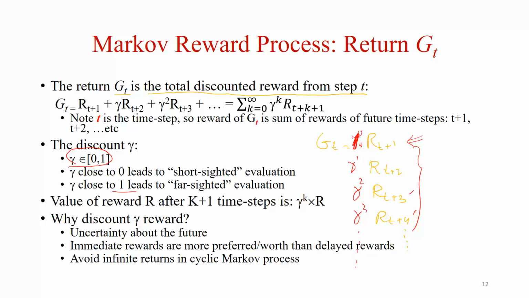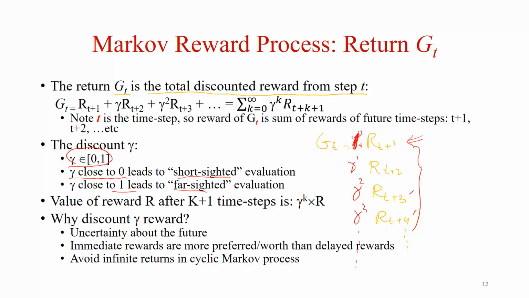So if the discount factor is close to 0, we say short-sighted, because we are interested in the immediate reward. And if the discount factor is close to 1, we say it's far-sighted, because you are really interested in the total amount of reward that you gain through this journey until termination.